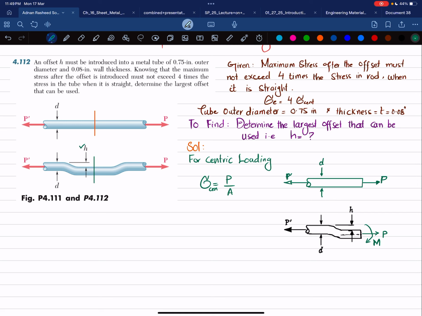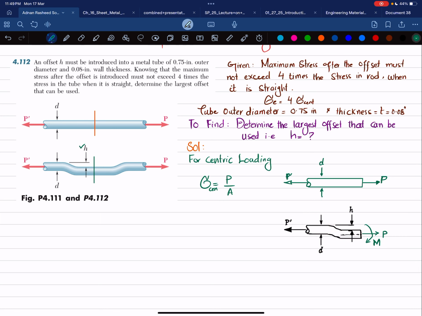Only one load passes through the centroid. Between the two load lines we have the distance h, and this produces a couple or moment. This moment will be equal to the product of the force and the distance between them.